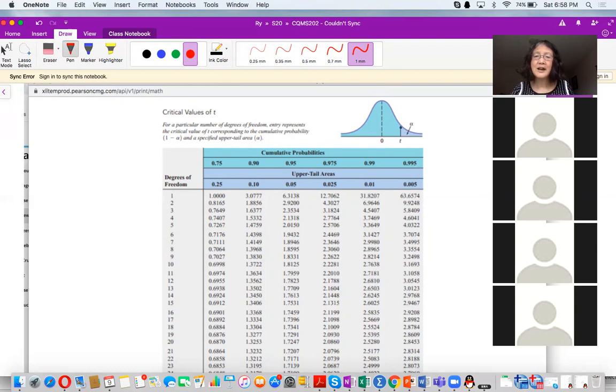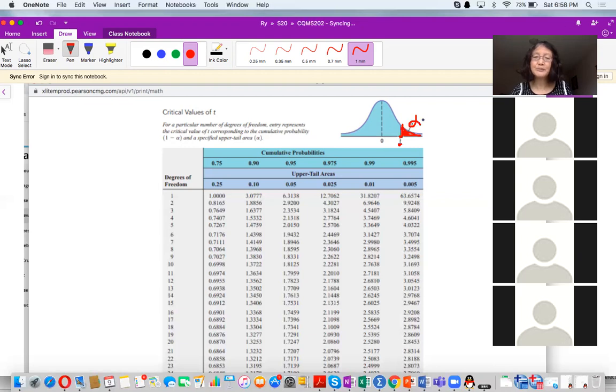There is a little right tail. Did you see on this graph? This little right tail, the area we call alpha. Once you have this little area, there is a point. This point we call T, and this T is the critical value.